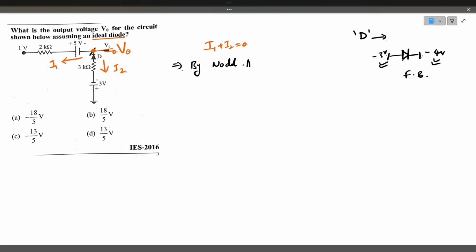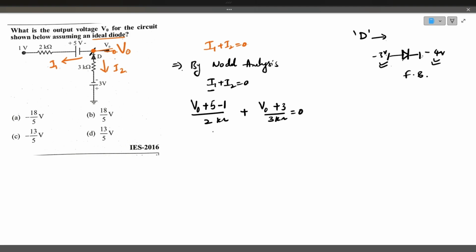By applying nodal analysis, we get I1 plus I2 equals 0, where (V naught plus 5 minus 1) divided by 2 kilo ohms plus (V naught plus 3) divided by 3 kilo ohms equals 0.